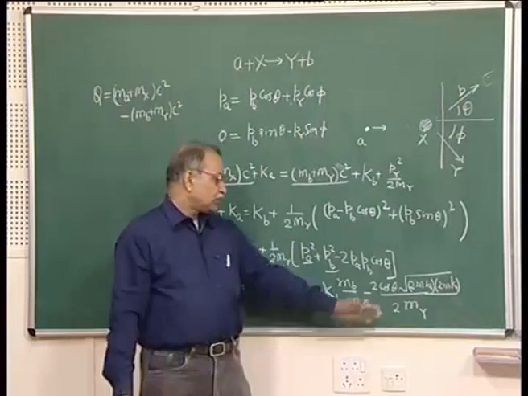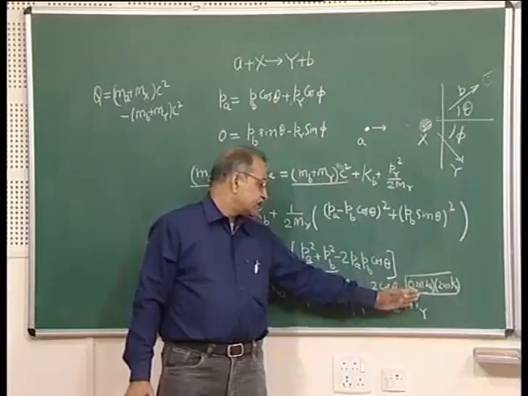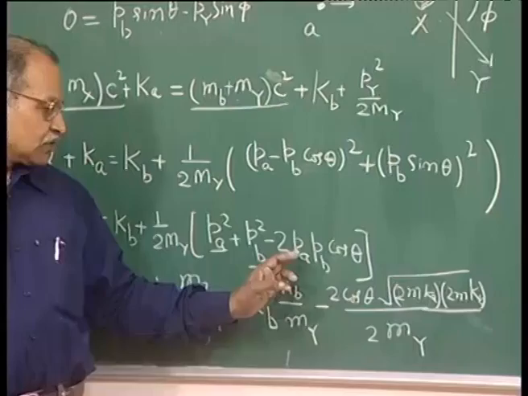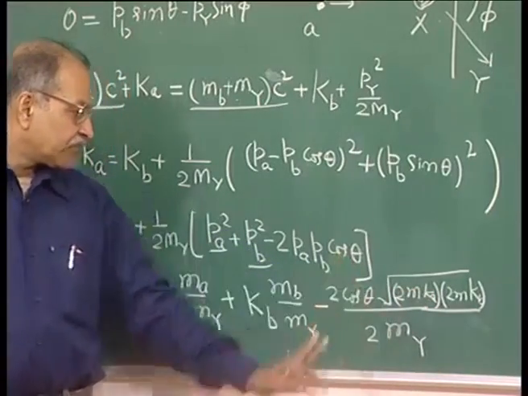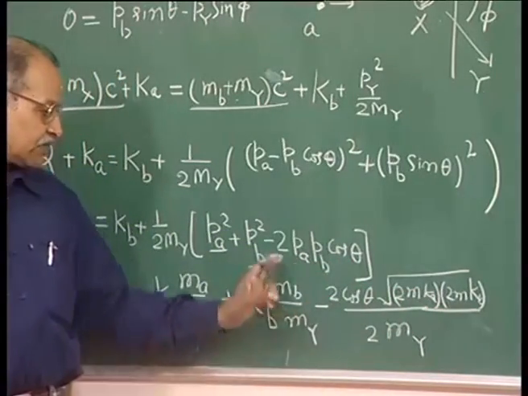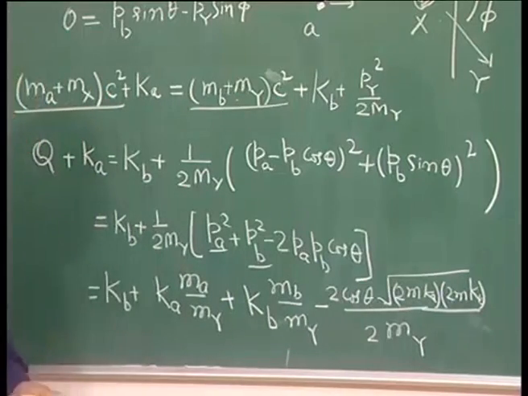Square root of 2 into mass into kinetic energy is the linear momentum. So, Pa Pb is square root of 2 ma Ka 2 mb Kb cos theta I have written.